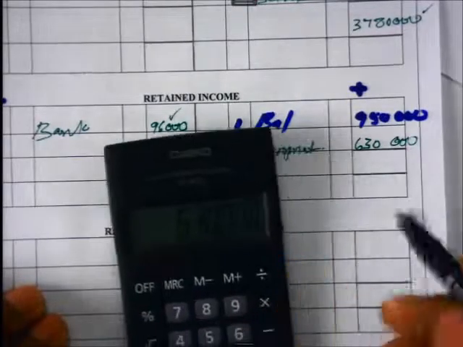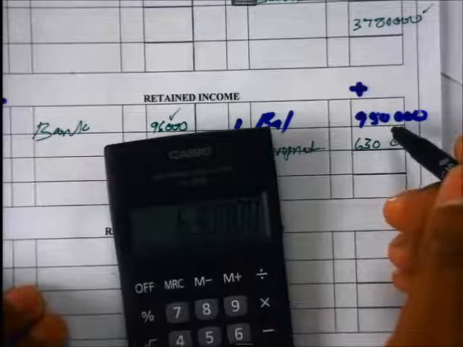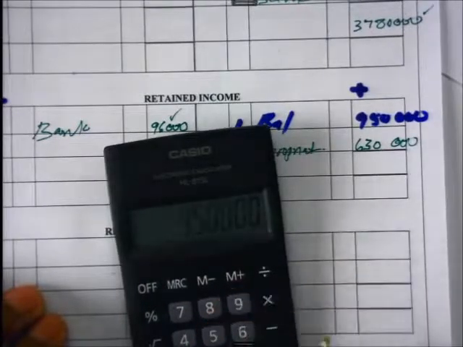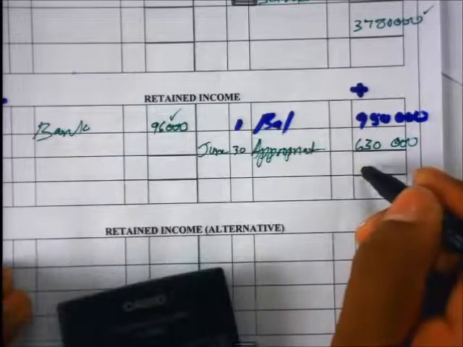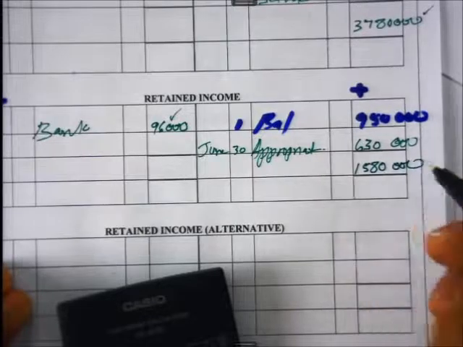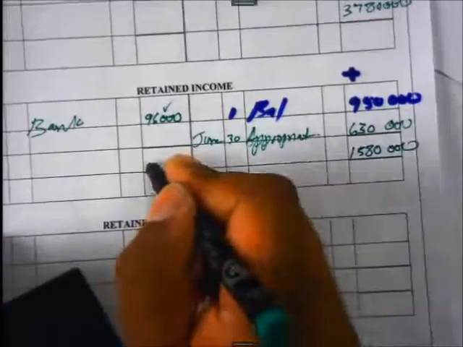We are going to say 630,000 plus 950,000 gives you 1,580,000, which we also bring on the debit side.